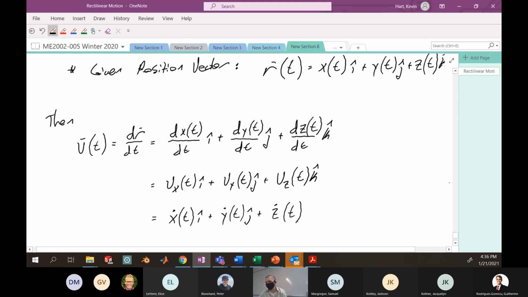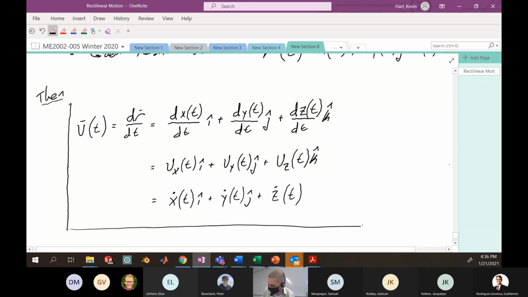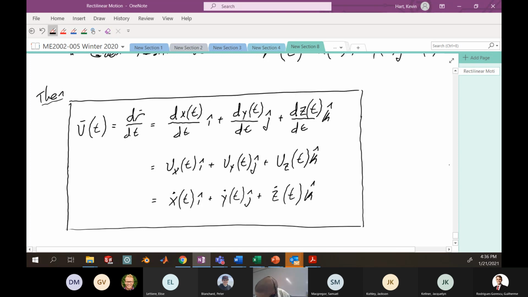Where the dot is meant to represent a time derivative. So these are very common ways to see velocity depicted. Forgot my k hat here, sorry. This is going to be your bread and butter for the next 2 weeks, okay?